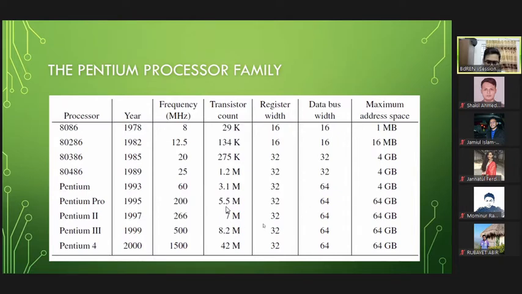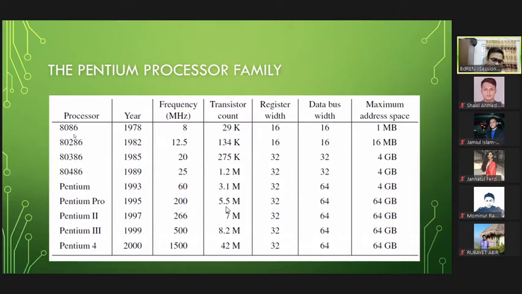The PENTIUM 4 processor already has 42 million, but nowadays it has almost 10 times more. So these three columns are not mandatory, optional. But the processor name, corresponding register width, data bus, and maximum address space are mandatory.